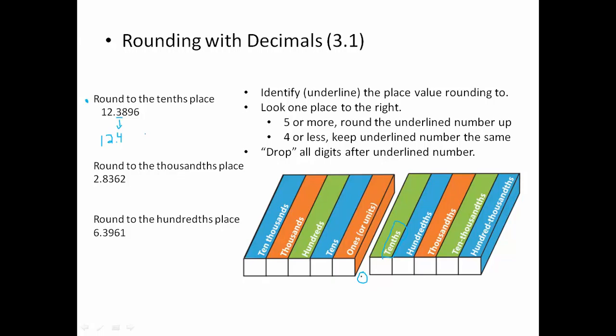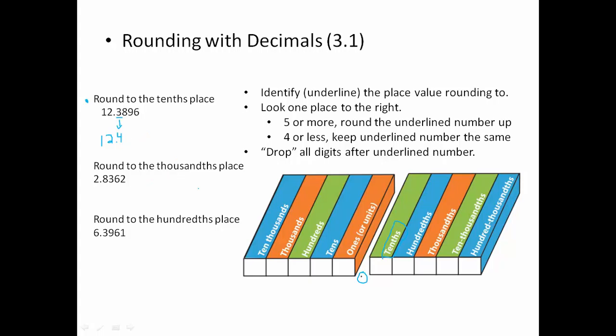This is the big difference from rounding with whole numbers. Rounding with whole numbers, you would change those final digits to 0. But since those zeros are no longer needed as placeholders, we drop them completely. Your final answer should end in the place value that you're asked to round to. That means the last digit of your answer should be the place value that you were asked to round to, and it is. It's in the tenths place.